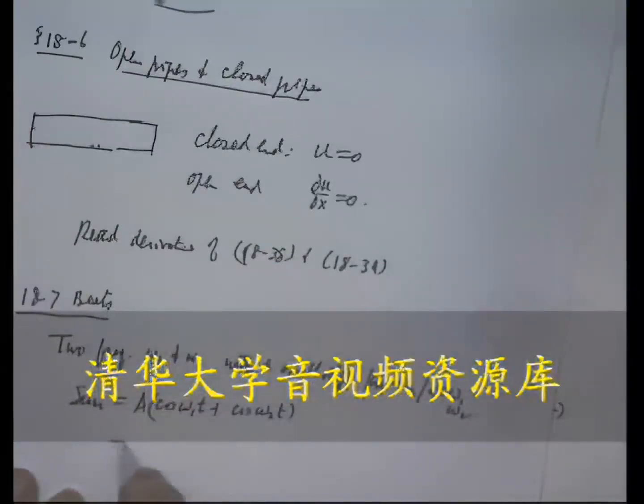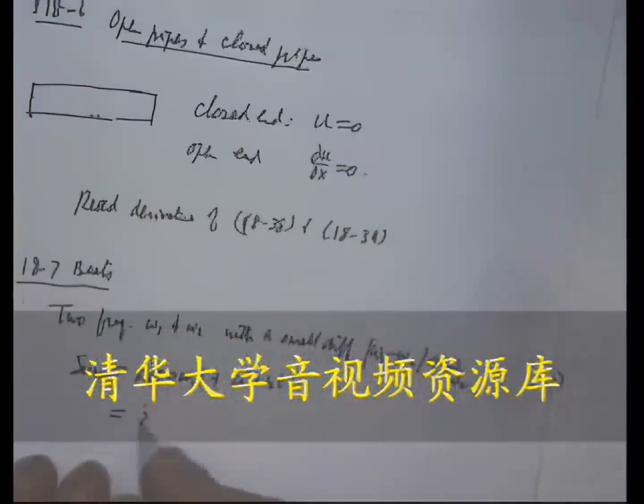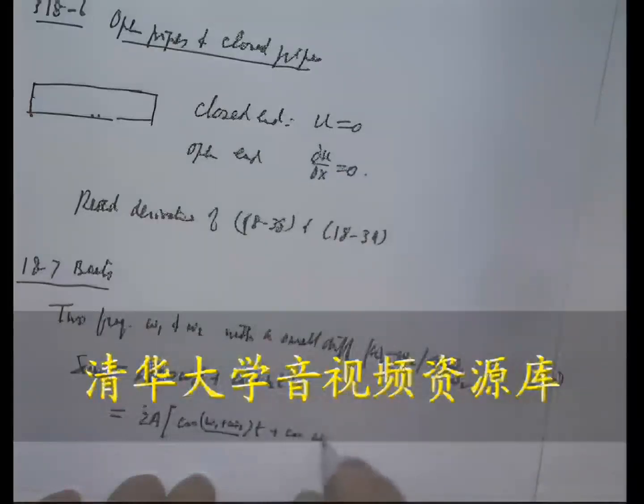Then using the sum formula, you get 2 cosine of one half of omega 1 plus omega 2 times t, times cosine of one half of omega 1 minus omega 2 times t.